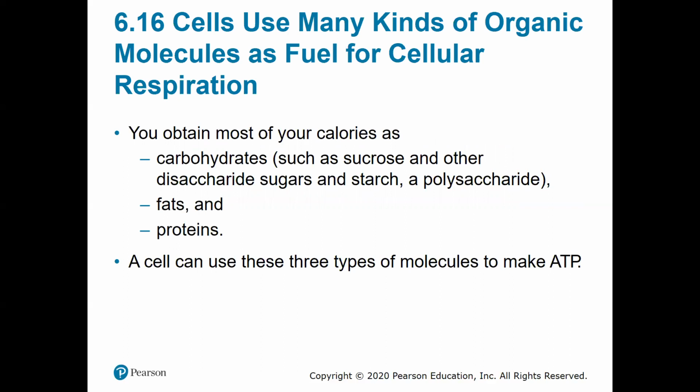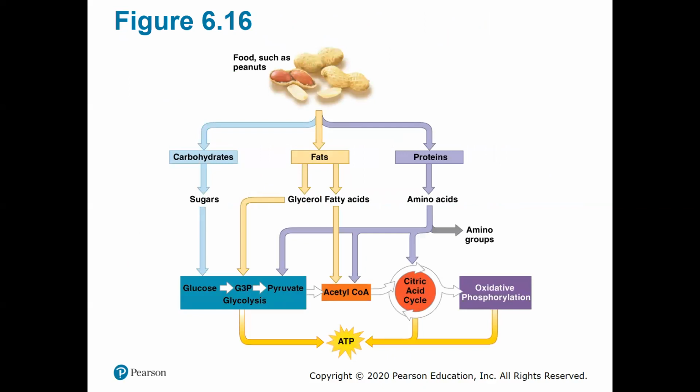Your body is able to break all of these down, and your cells are able to use all three macromolecules in the process of cellular respiration. It doesn't matter if it's a carbohydrate, a fat, or a protein. They can all be broken down and used in the different stages of cellular respiration.